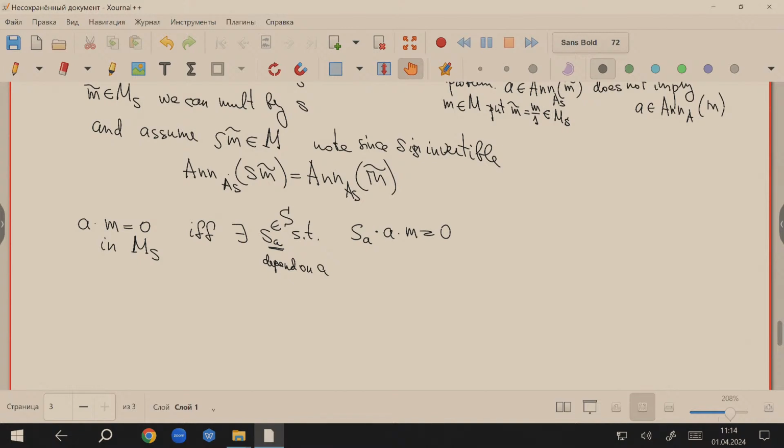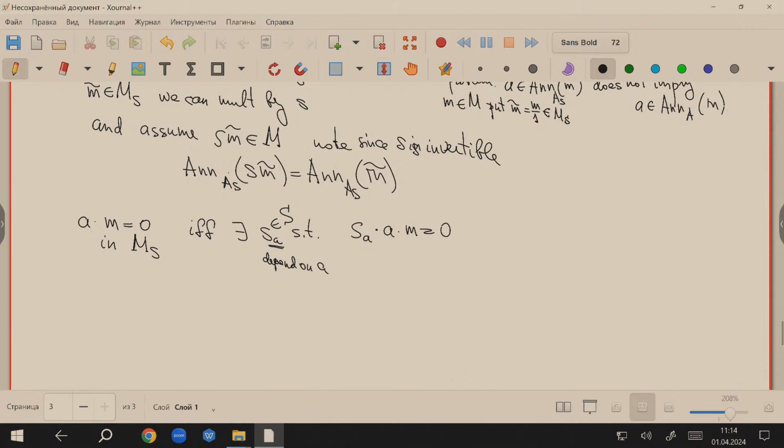So the idea is just not to spoil the condition of taking a times M and having this condition. So notice that we now take the preimage of our P. It is P tilde.